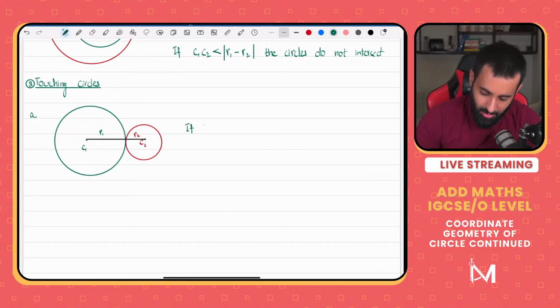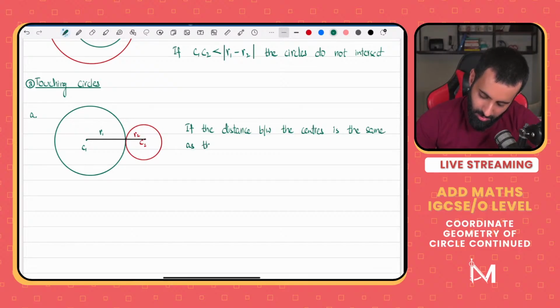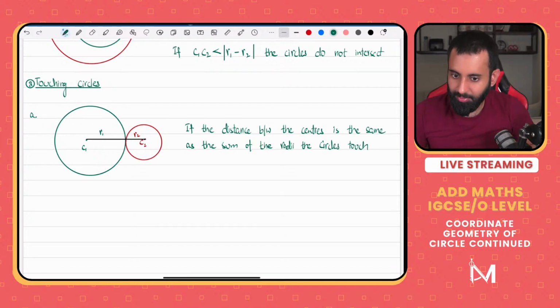If the distance between the centers is the same as the sum of the radii, the circles touch.